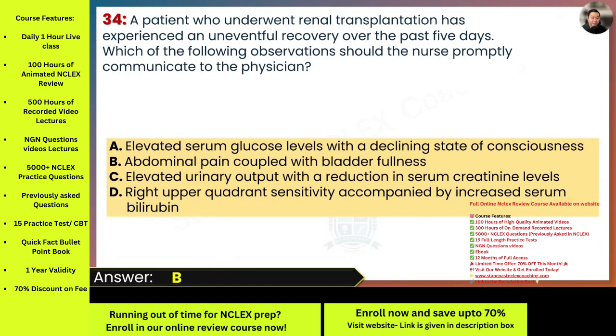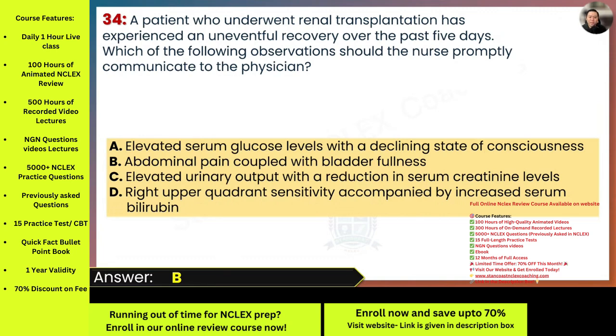Now, why is letter A incorrect? It says elevated serum glucose levels with a declining state of consciousness. Although there is hyperglycemia, and that is a concern, especially in transplant clients, this is caused by the corticosteroids, and this option's additional finding, the declining state of consciousness, is more likely a sign of hypoglycemia or diabetic complications.